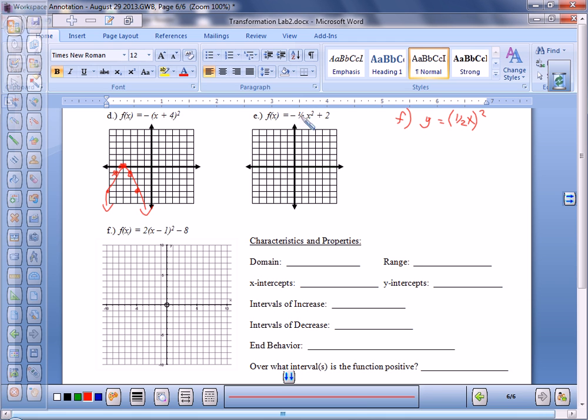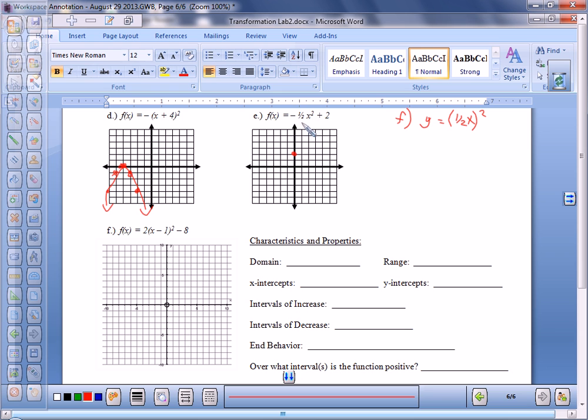So this one's going to shift up 2, 1, 2. Start right here. The negative is going to tell us instead of going over 1 and up 1, we're going over and down. But then what does the 1/2 do? Instead of going over 1 and down 1, we're going to go over 1 and down 1/2.